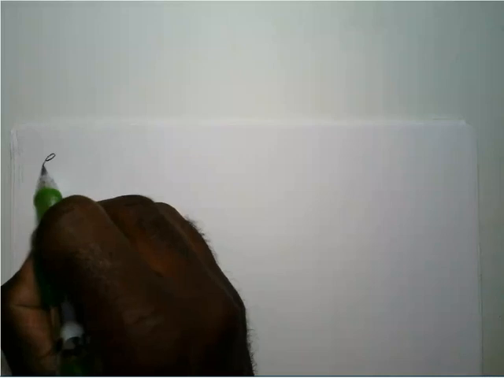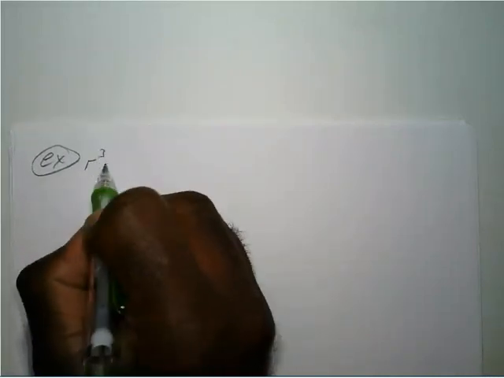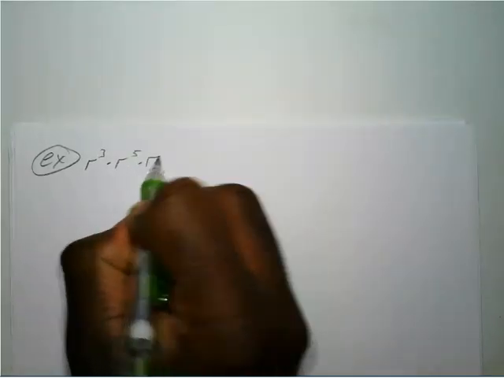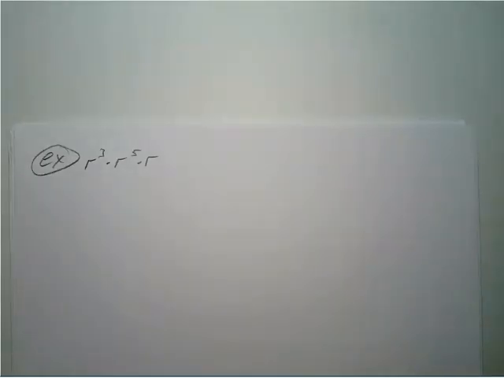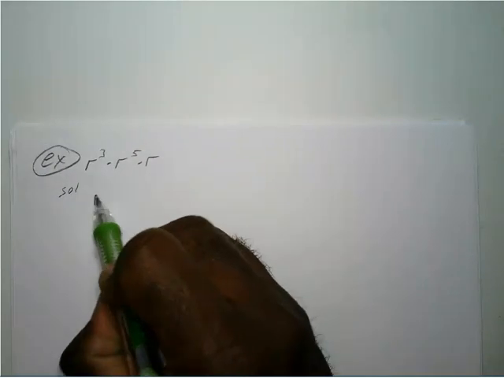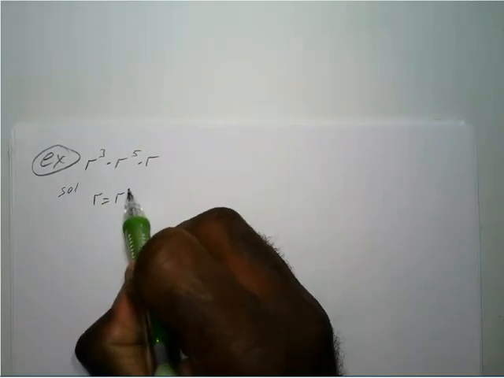Okay, so let's say we have r to the 3rd power times r to the 5th power times r. Well, the thing is, r is just r to the 1st power.